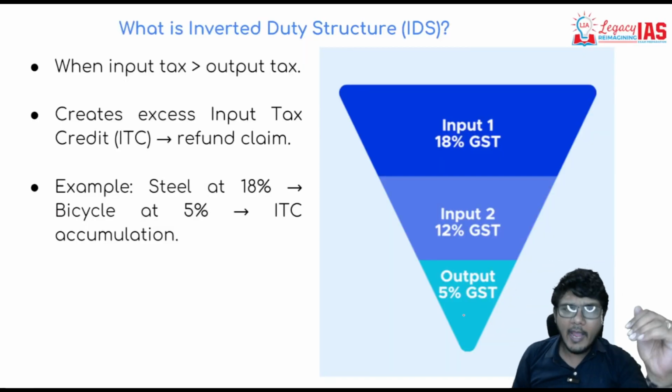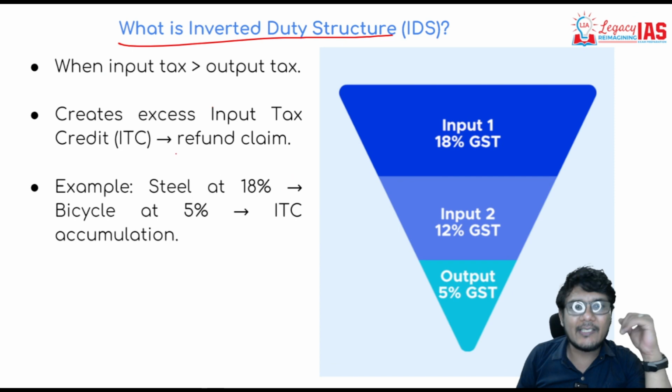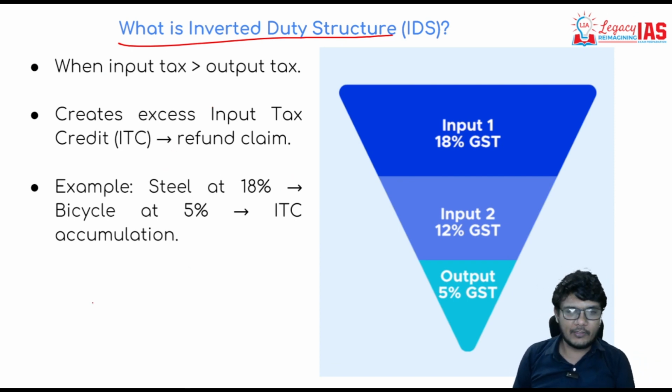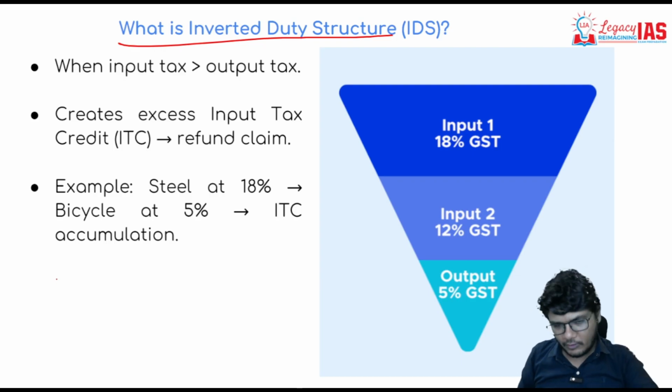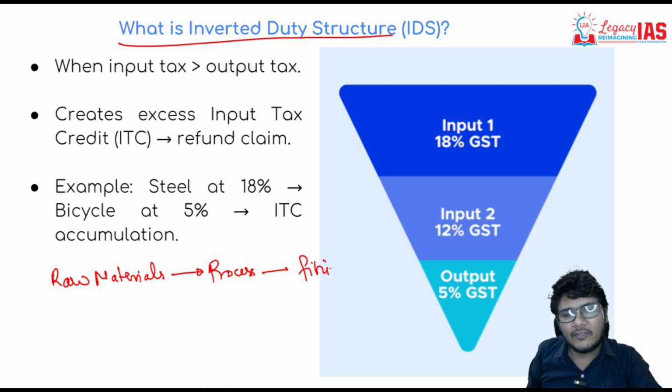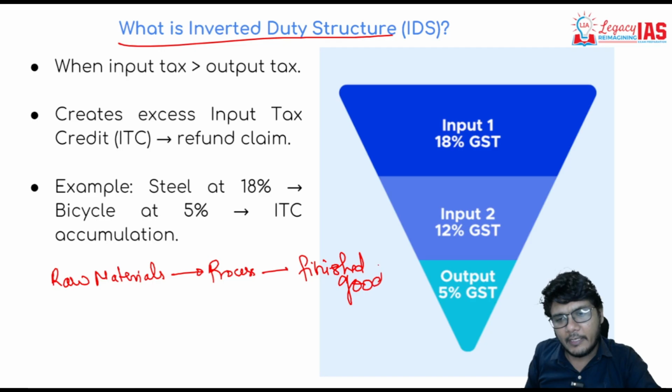So let's continue and understand what this inverted duty structure is. In the manufacturing of any goods, you will require certain raw materials, and then you will process this raw material into the finished good. It's a simplistic process that we are following here. Finished goods will be created.